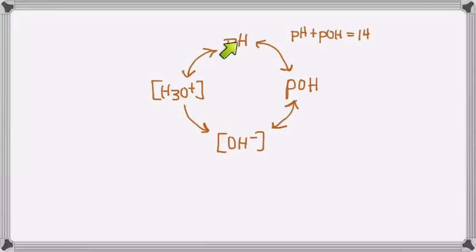So if you have the pH, you're trying to get pOH, you use this equation. We've looked at the relationship between pH and hydronium ion concentration. If you have hydronium ion concentration, pH is the negative log of the hydronium ion concentration. And if you want to find hydronium ion concentration from pH, it's equal to 10 to the minus pH.